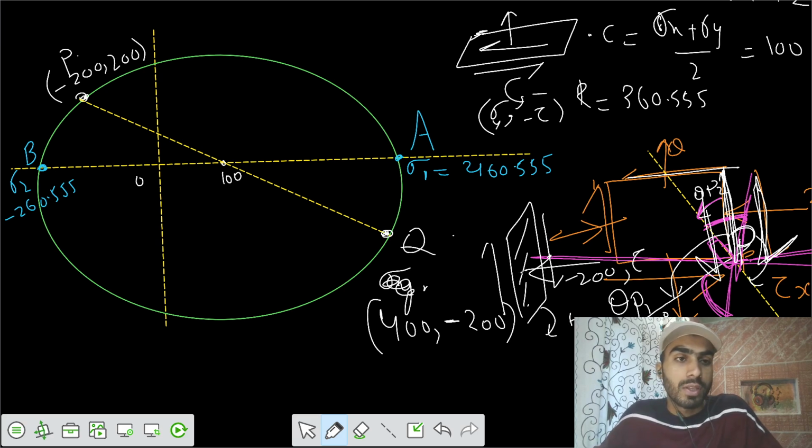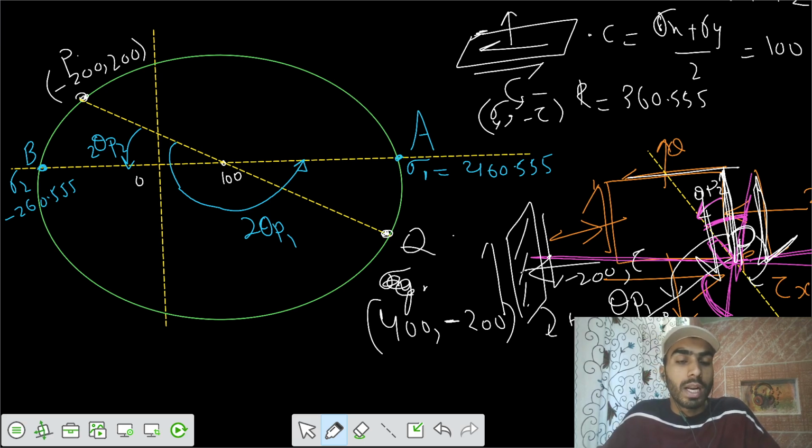With respect to the vertical plane P, you have to make an angle of 2 theta P to get the location of the principal plane 1, the major principal plane. So this is our 2 theta P1, and this one is 2 theta P2.